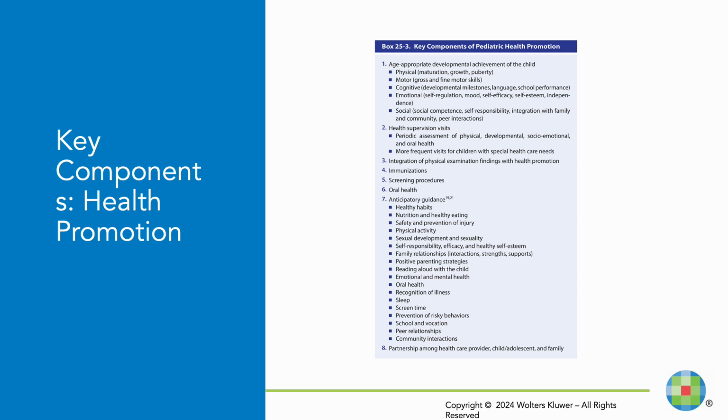Now, looking at guidance that can be provided, not only healthy habits, nutrition, healthy eating, safety, prevention of injury, physical activity, sexual development and sexuality, self-responsibility, efficacy, healthy self-esteem, looking at positive family relationships, parenting strategies, how reading aloud with a child is so important, the child's emotional and mental health, their oral health, recognition of illness, sleeping schedules, screen time, prevention of risky behaviors, school, vocation, peer relationships, community interactions, and then partnerships among healthcare providers and the community with children, adolescents, and family.